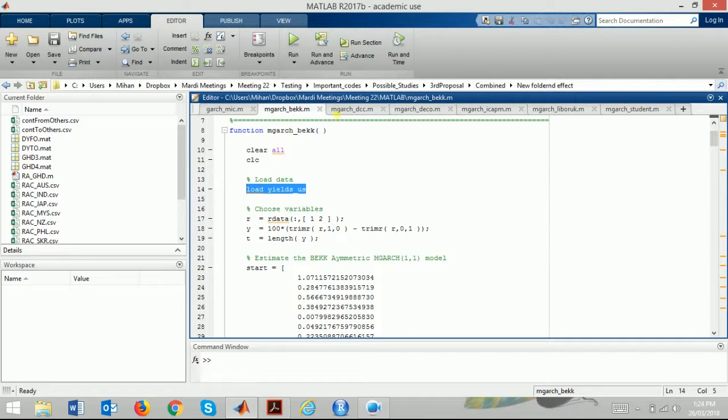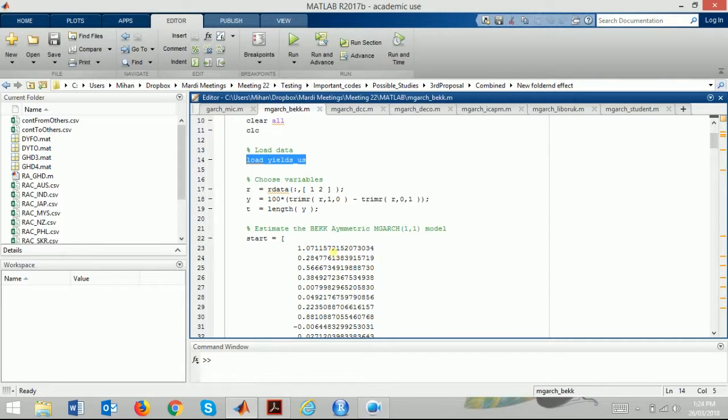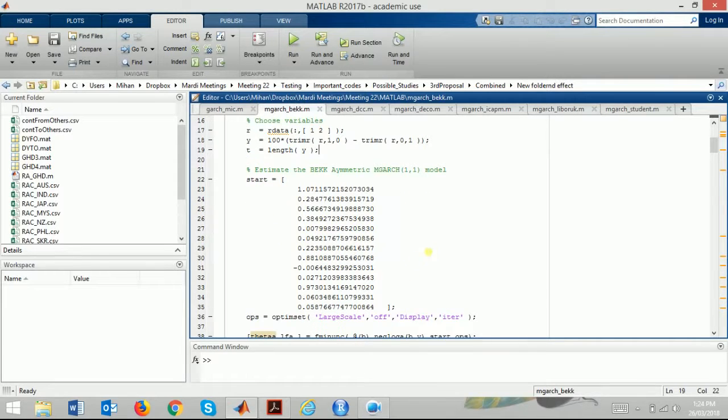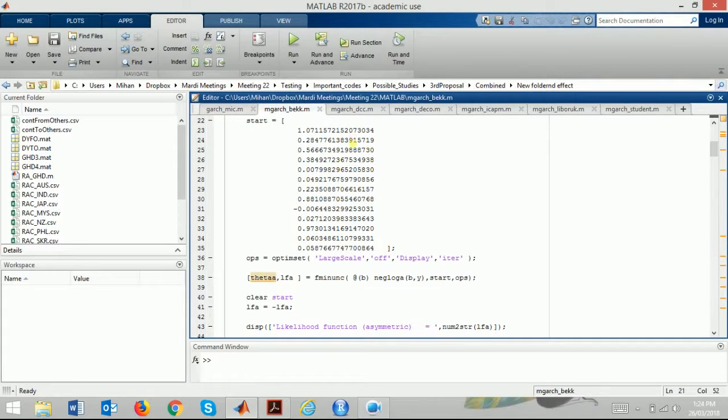Let's go up. First let's load the 2 variables, take the difference, fine. Then asymmetric MV GARCH 1, we just count 1 2 3 4 5 6 7 8 9 10 11 12 13.